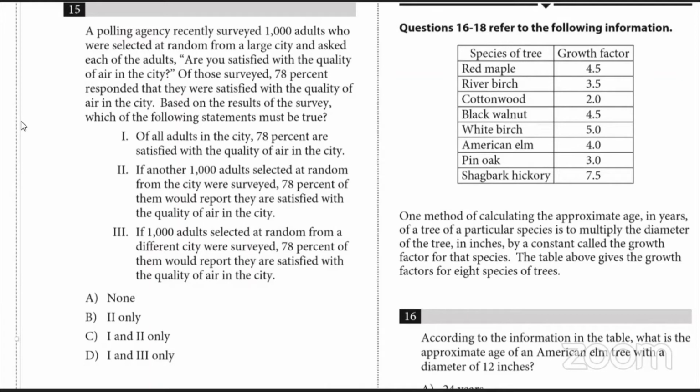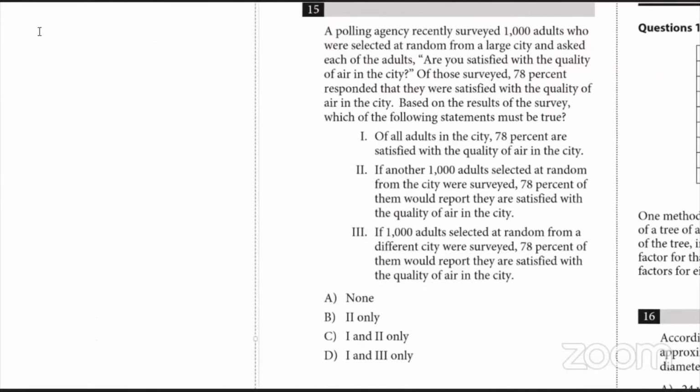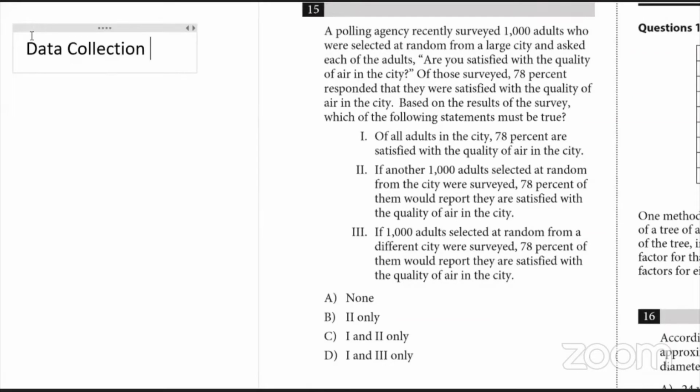Now, first of all, this is our classic data collection question on the SAT. And when we have a question about data collection, there's 3 things to look out for. Number 1, we can make no definitive statements. So a definitive statement would be a statement that says, based on everything we know, this is definitely what's going to happen next.